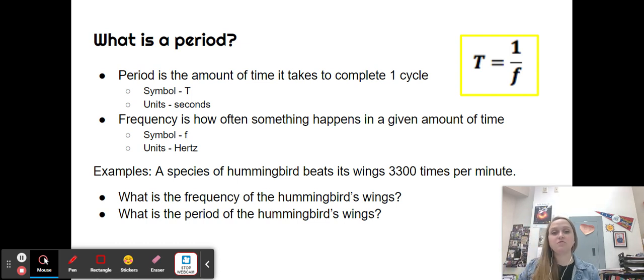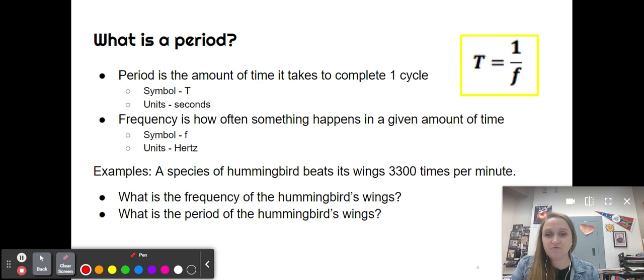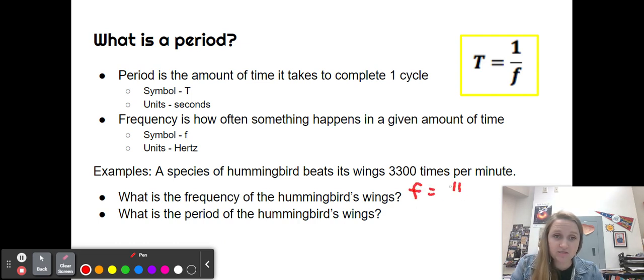So I've got some examples for frequency and period. A species of hummingbird beats its wings 3,300 times per minute. So we want to start by doing what is the frequency of the hummingbird's wings. Now, again, we're going to get into seconds, but the frequency would be the number of occurrences over the time we have.